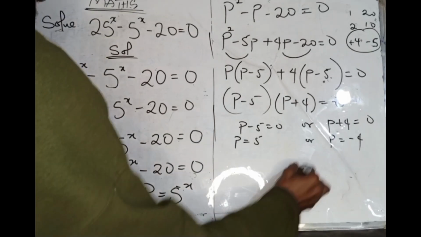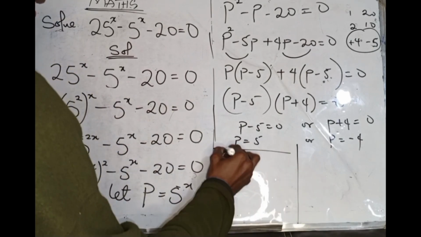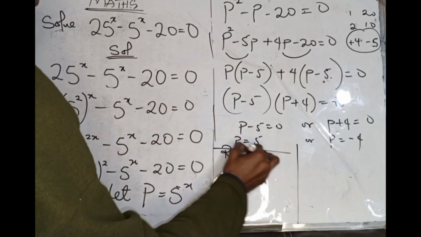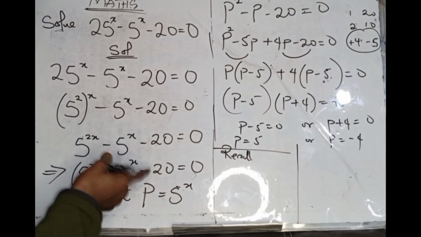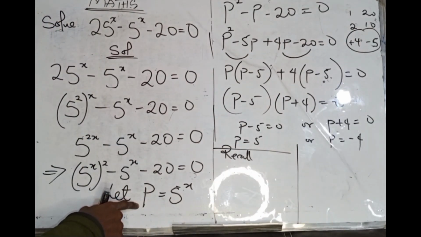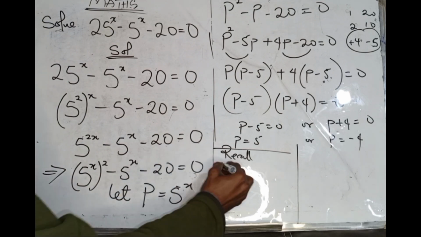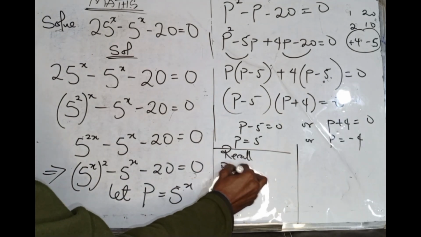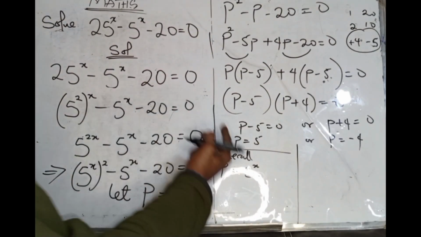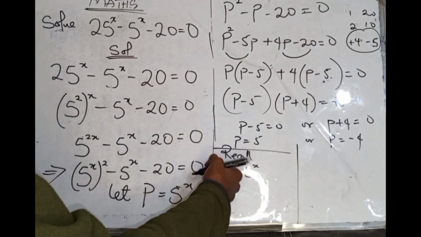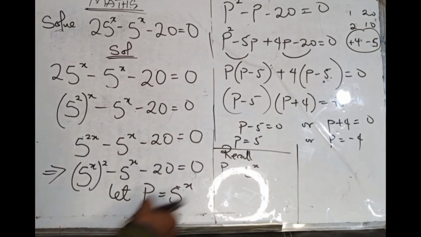Now recall that we said let p be equal to 5 raised to the power of x. We said let p be equal to 5 raised to the power of x. Now we're going to substitute back the values of p in here.